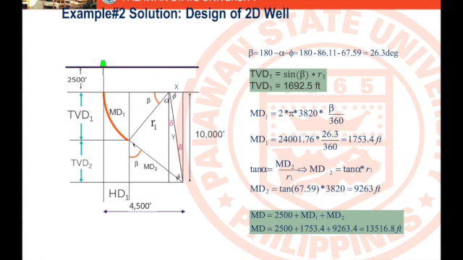So for MD2, we just need to analyze this remaining triangle right here. As you can see, MD2 is its hypotenuse. And we know the angle beta here. We know TVD2. Do we know TVD2? Yes, we do.